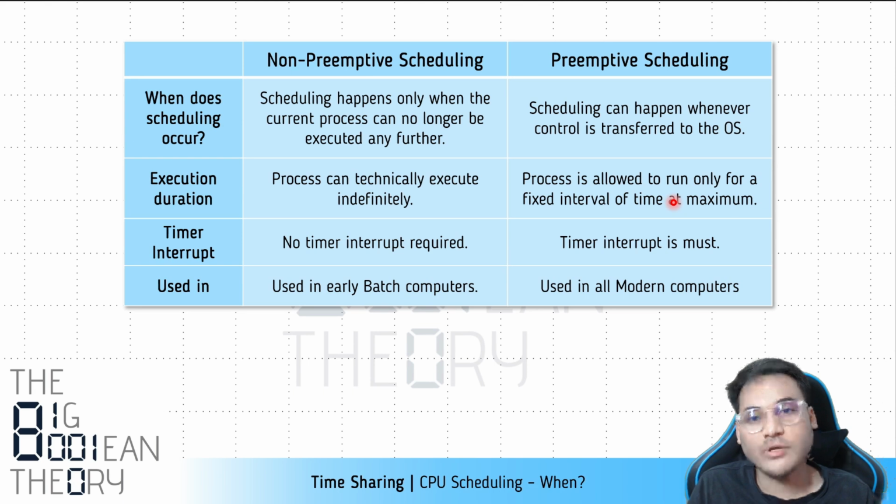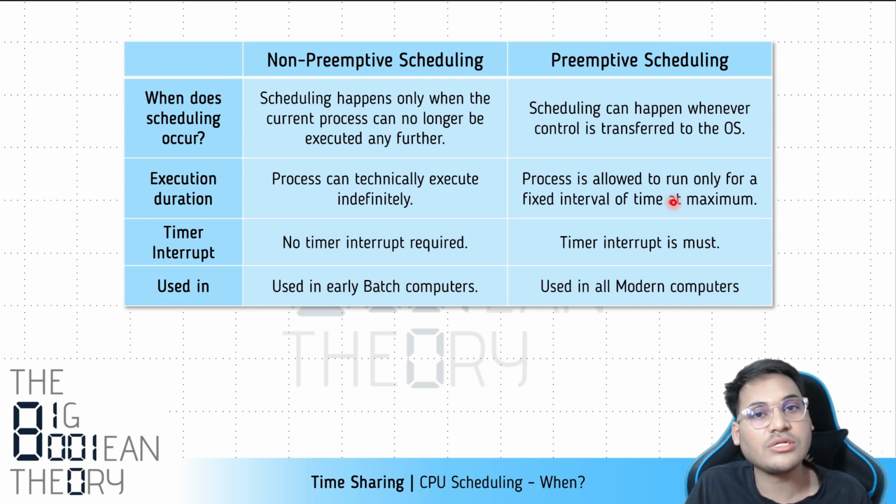If all of these three are not happening, and the process is also not making a system call, and is not giving up the control of the CPU in any way, then finally we do have a timer interrupt. The timer interrupt is always there. Even if there are no other device interrupts, we have an explicit timer interrupt which guarantees that after a certain interval, the timer interrupt will go off and the process will definitely get interrupted.